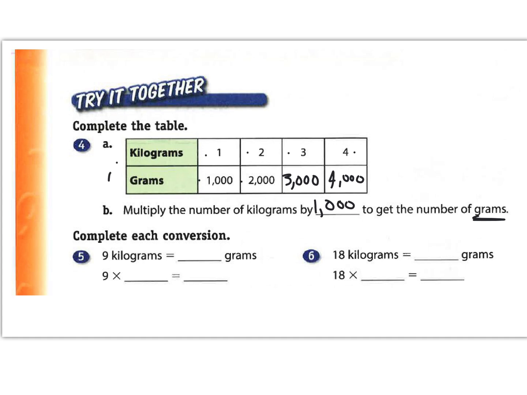So to complete each conversion, we would do 9 times 1,000 to get 9,000 grams. So 9 kilograms equals 9,000 grams. 18 times 1,000 is 18,000. So 18 kilograms is the same as 18,000 grams.